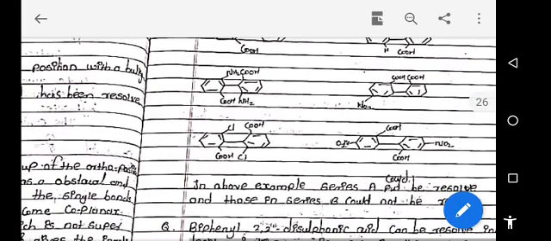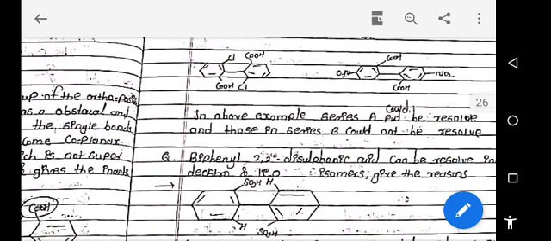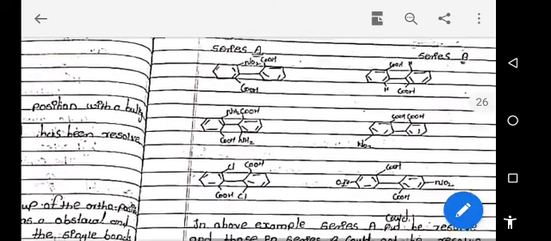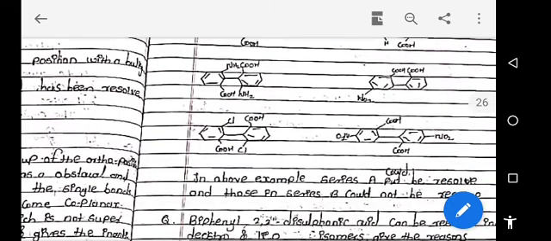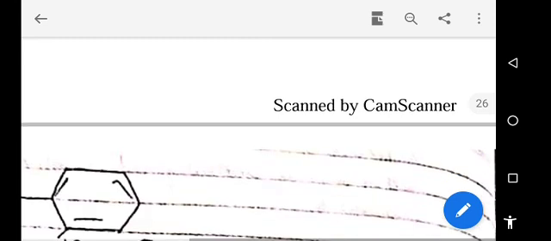In the above example, the A series cannot be resolved and the B series can be resolved. Here is a proper substitution, here is not a proper substitution. That's why one can be resolved and the other cannot.